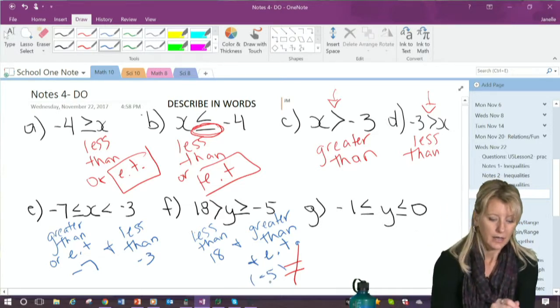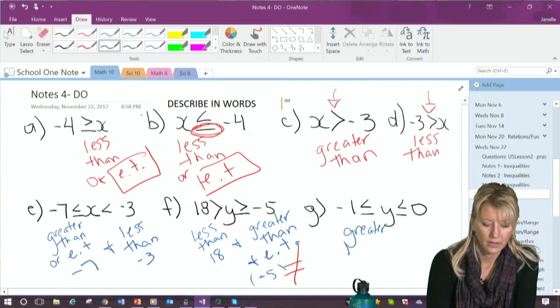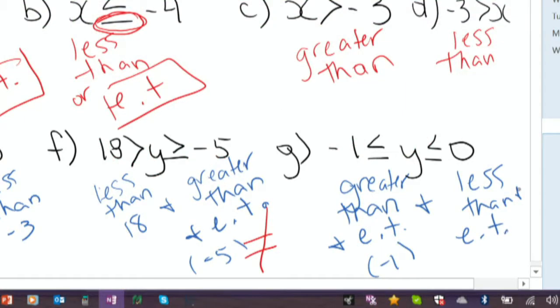And then you guys already have most of this written down, so I'm not going to pause too long. So here it is greater than and equal to -1, and it is less than and equal to 0. So that one doesn't have a wide range at all.